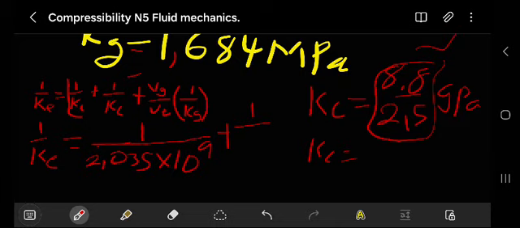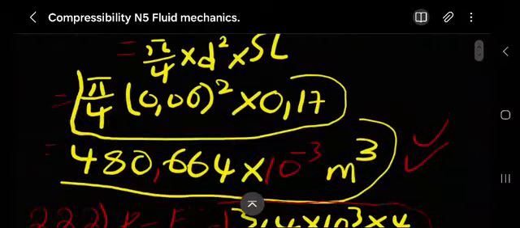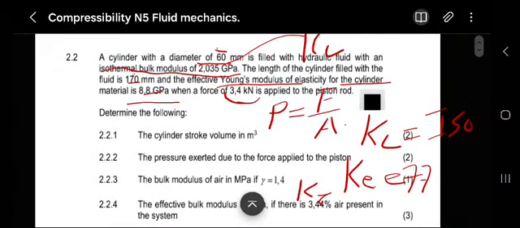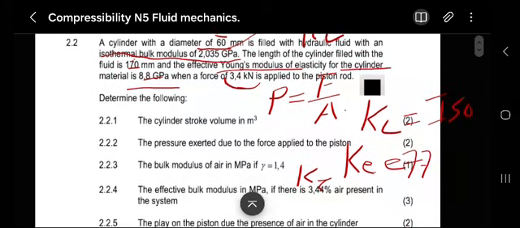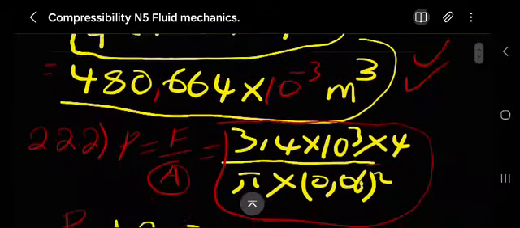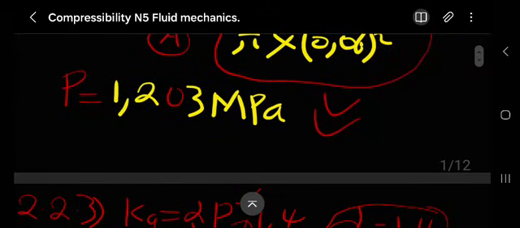Is it in megapascal or gigapascal? Let me check here. Young modulus of elasticity. Yeah, it is in gigapascal. Then we'll have 8.8 divided by 2.5.